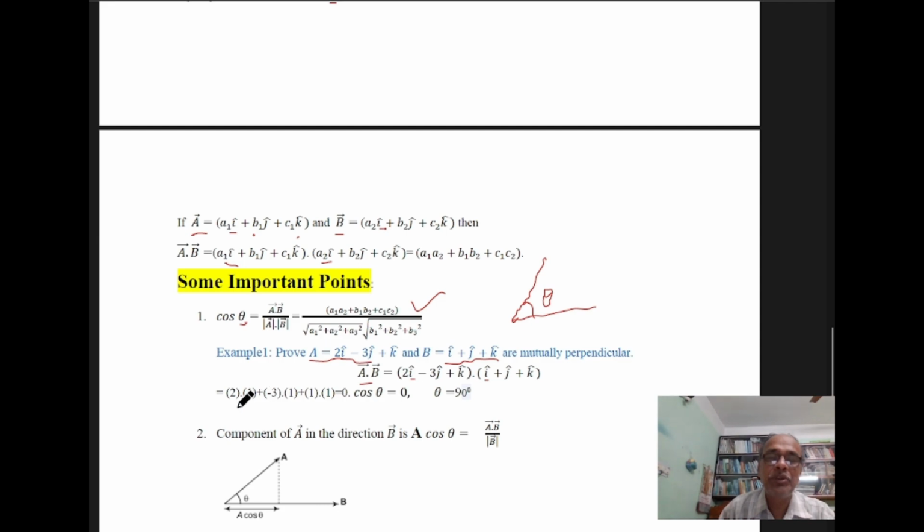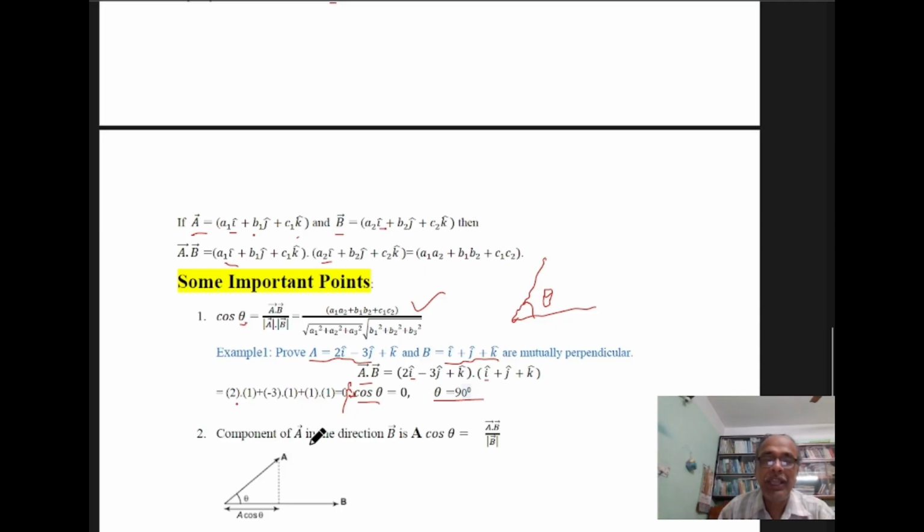So this will be 2 into 1 minus 3 into 1 plus 1 into 1, and that will be equal to 0. So cos theta equals 0, as it is 0. So theta equals 90 degrees.